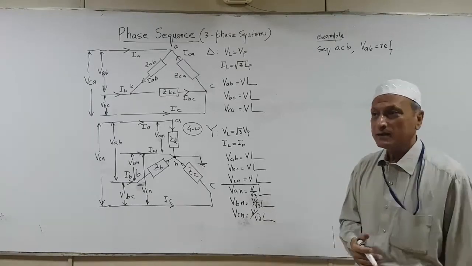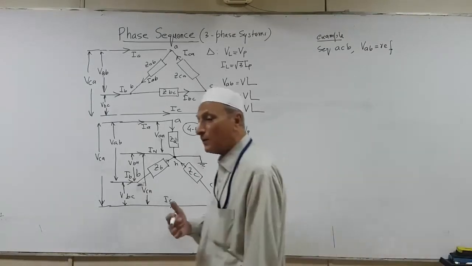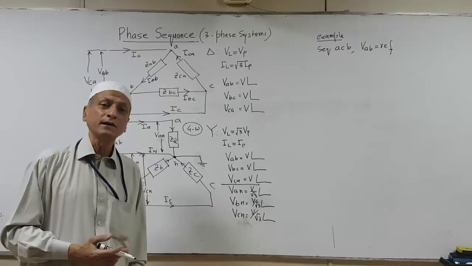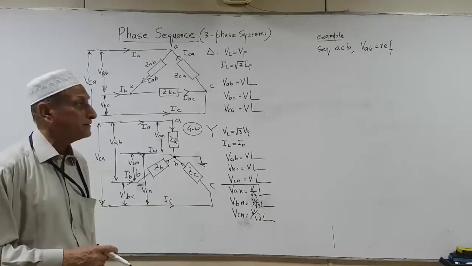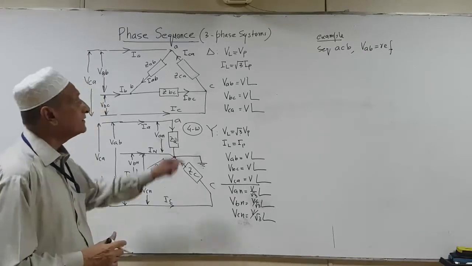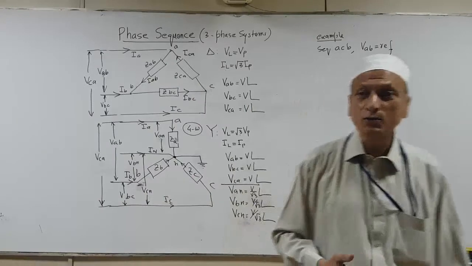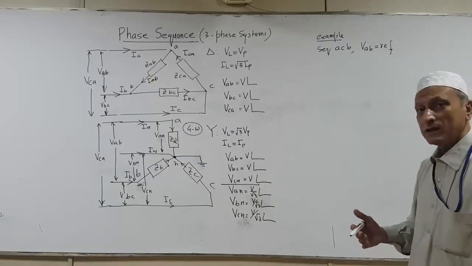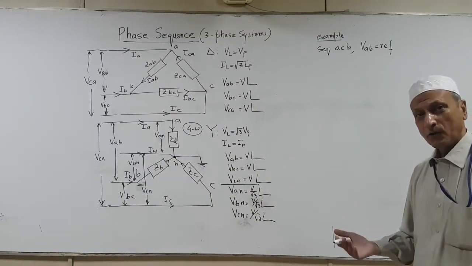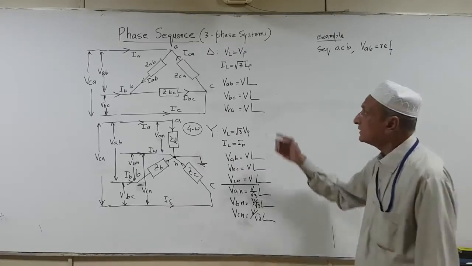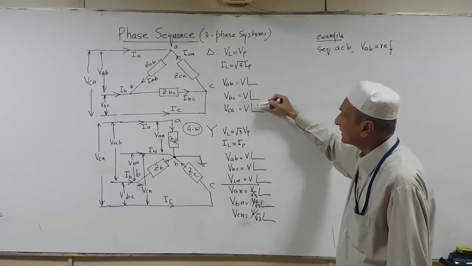But it is advisable, and mandatory, to consider one of the line voltages preferably as a reference. Now, let's take up an example of how to determine the sequence for a three-phase system, from which we can find these angles.